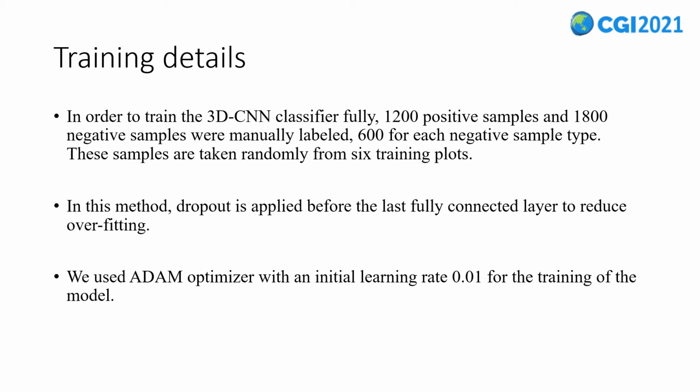In this method, dropout is applied before the last fully connected layer to reduce overfitting. We use an optimizer with an initial learning rate of 0.01 for the training of the model.